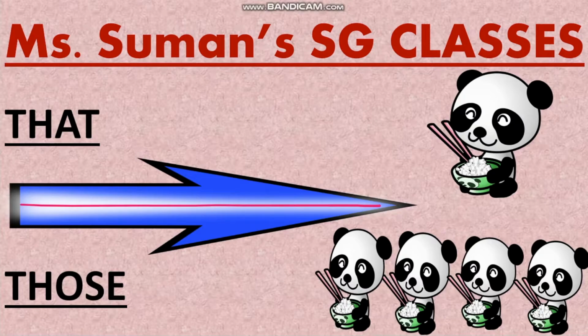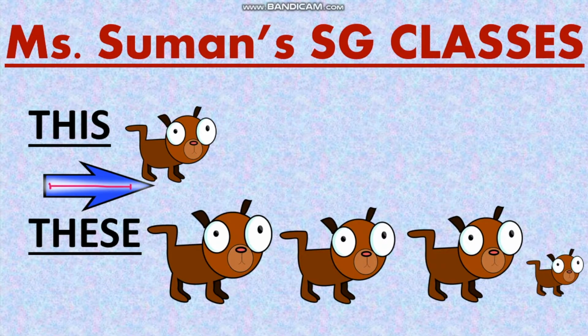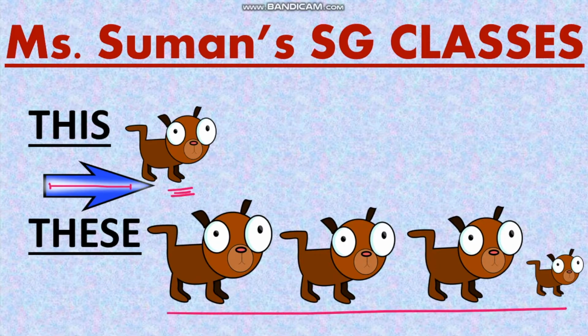So let's talk about this and these. So this is a dog. If I want to talk about this dog, this is a dog. But if you look here, they are also very close. All of these four dogs are very close. How do we know that? Because of the arrow. It's a small arrow. Small arrow means close to us. But they are not one. There are four dogs here. So we will not say this dog is barking.